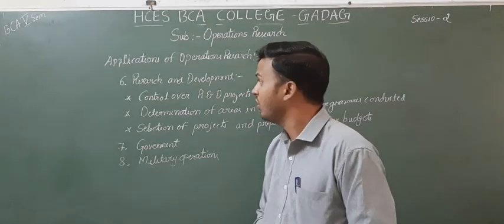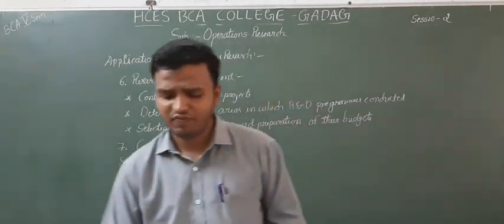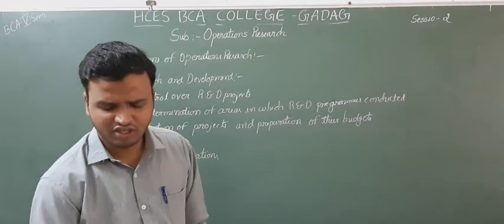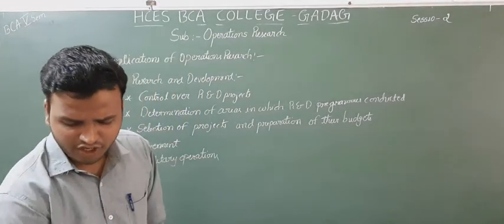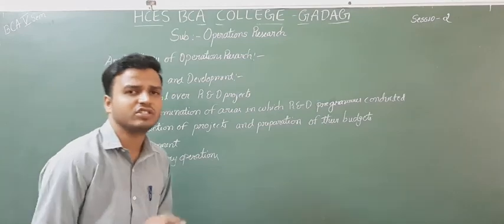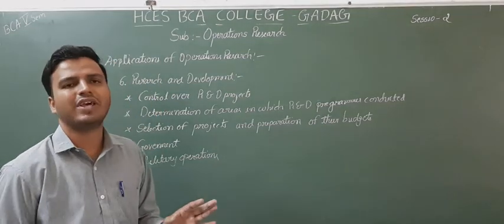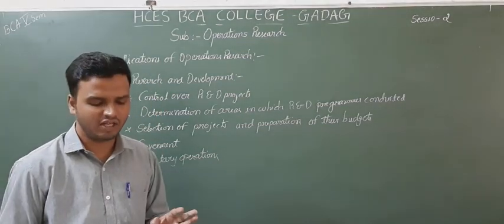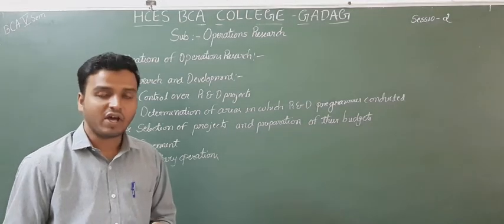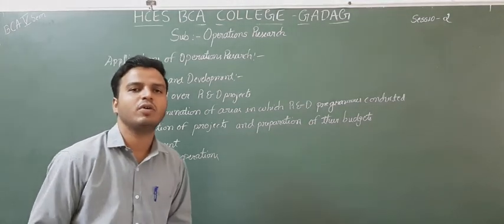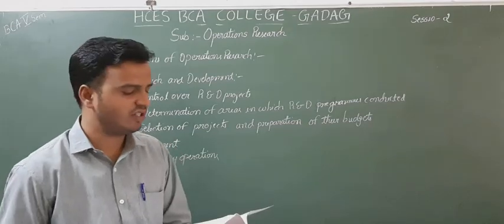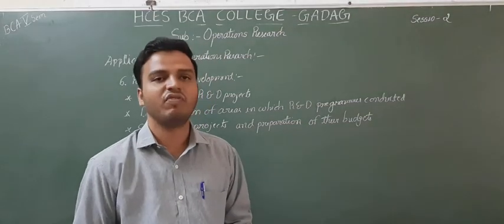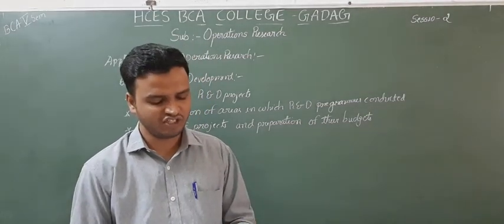The areas are: first, allocation and distribution of projects; second, production and facilities planning; third, marketing; fourth, personnel management or organization behavior; fifth, finance; and sixth, research and development.